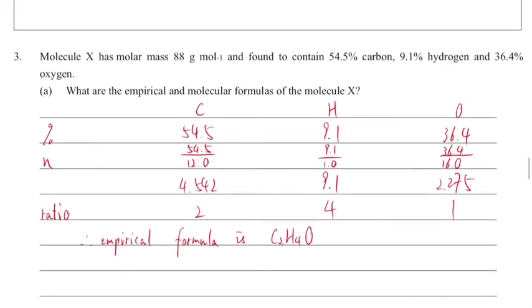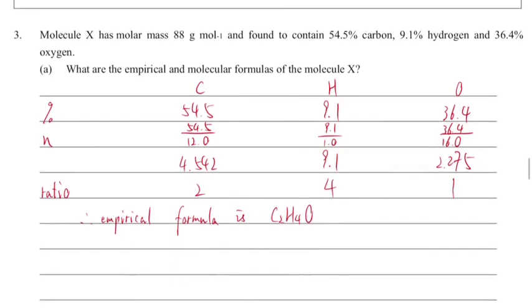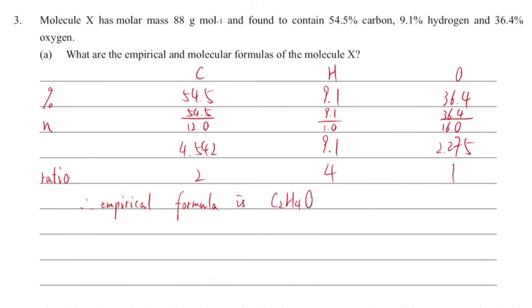Okay, and then we know the molar mass is 88 gram per mole. So that means n times (12 times 2 plus 1 times 4 plus 16), which is the molar mass for the empirical formula, and after it is multiplied by the number n, it should give us 88. So to solve that equation, we get n equals 2.